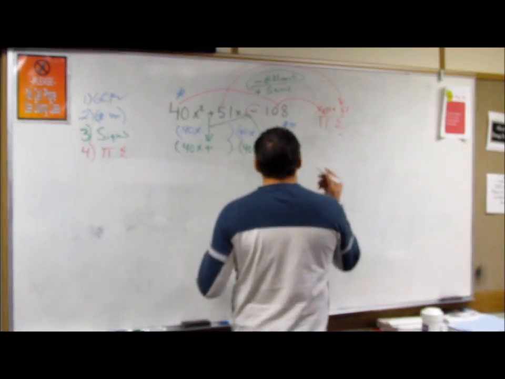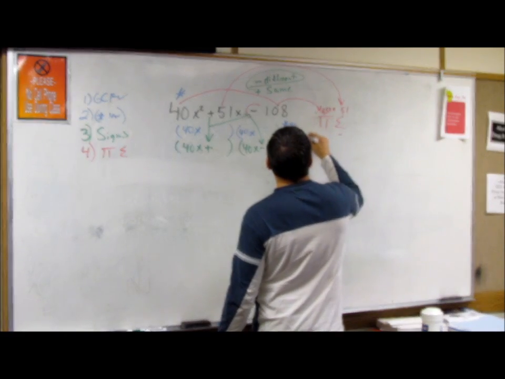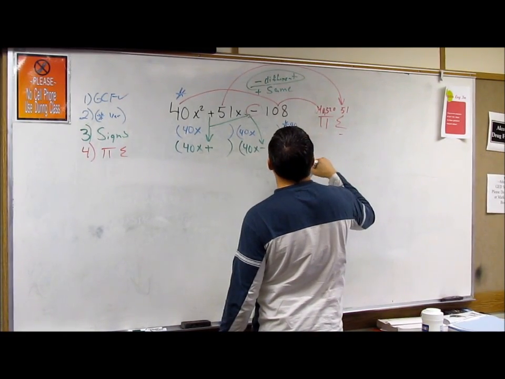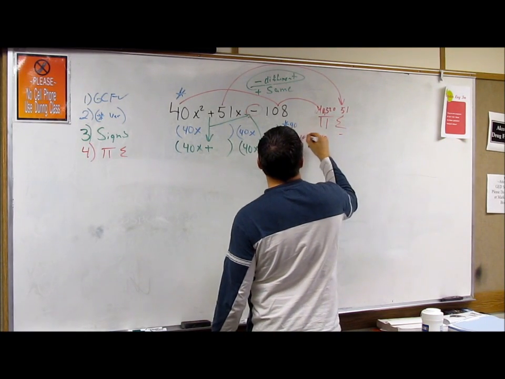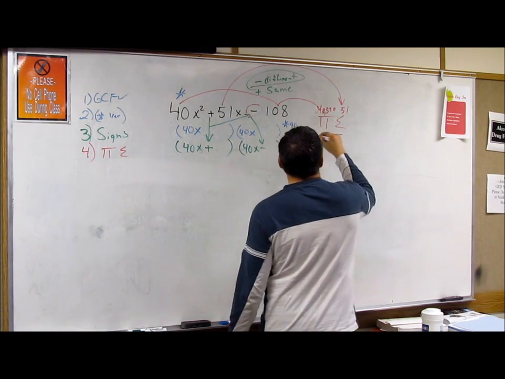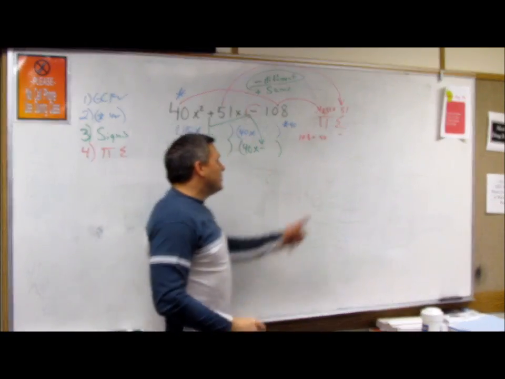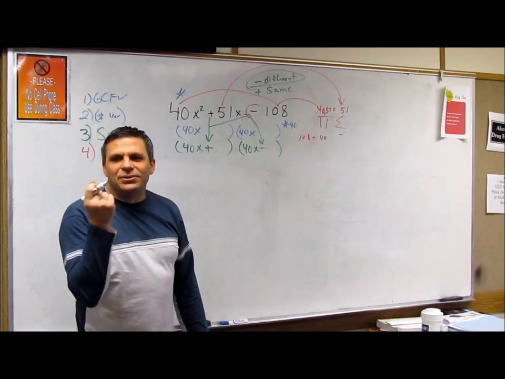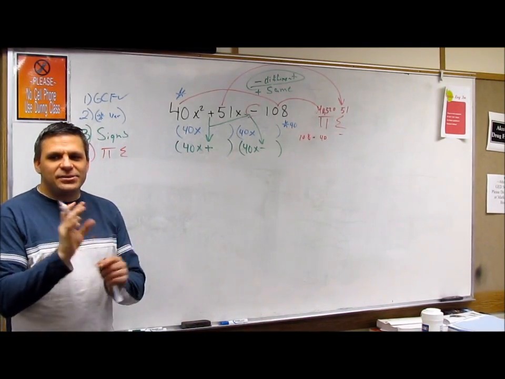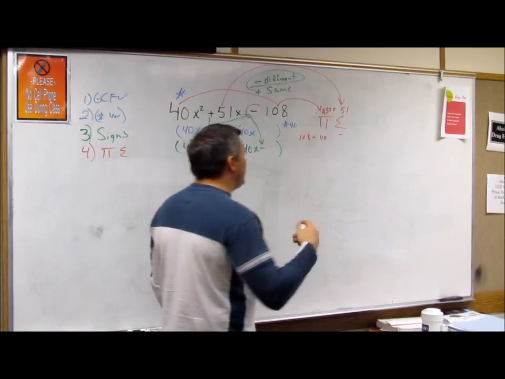A number that's really simple for me is 40, and we always want to put big numbers first, so 40 and 108. When I multiply those, I get that number, because that's how we got the number. I just want to see how close they are right off the bat. That gives me where to go.